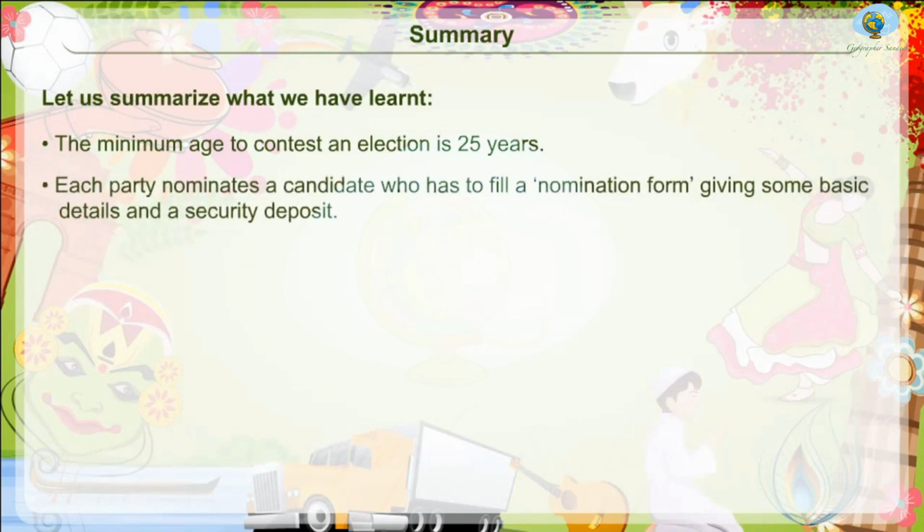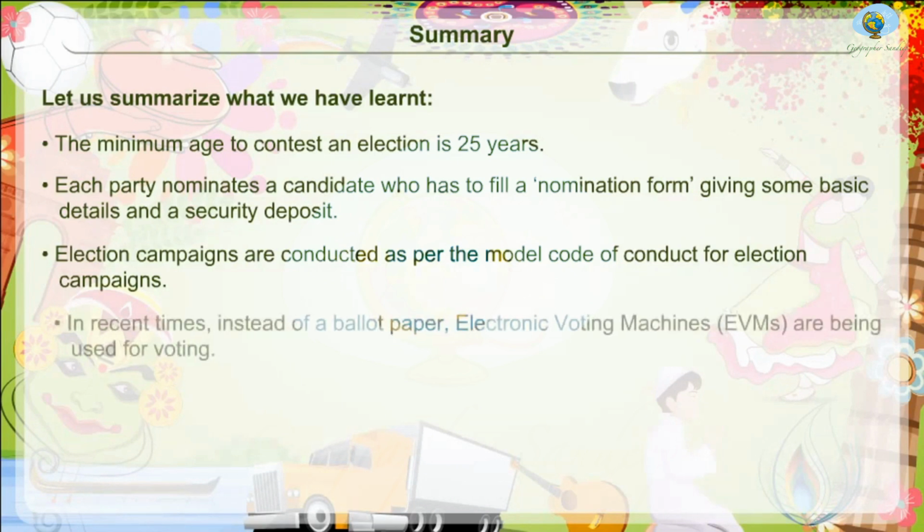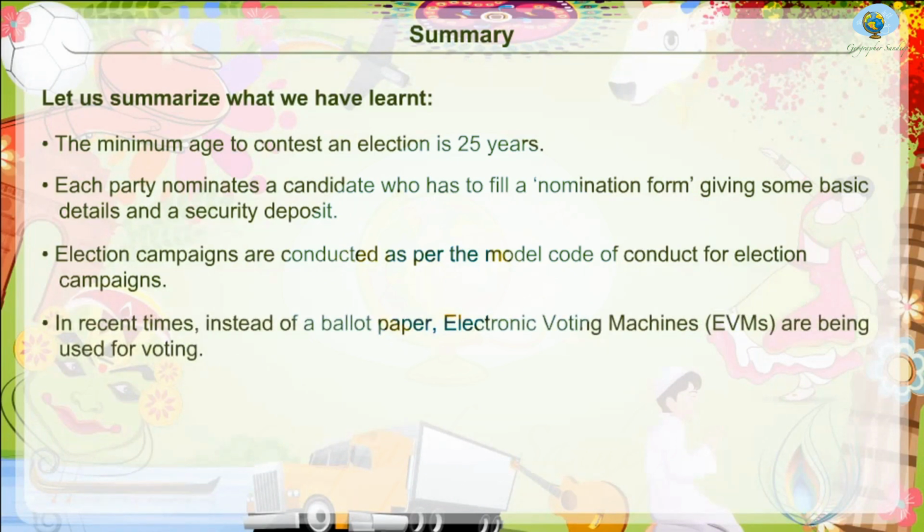Each party nominates a candidate who has to fill a nomination form giving some basic details and a security deposit. Election campaigns are conducted as per the Model Code of Conduct for election campaigns. In recent times, instead of a ballot paper, electronic voting machines or EVMs are being used for voting.